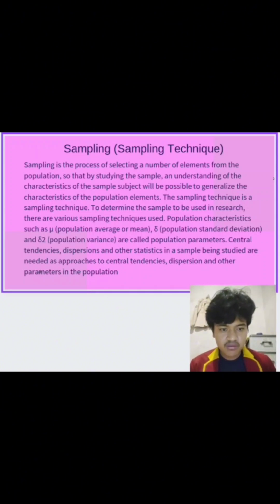In a sample being studied, they are made up to process the central tendency, dispersion, and other parameters in the population.